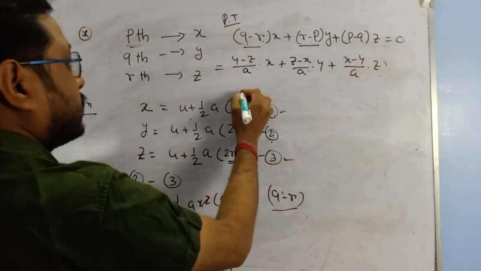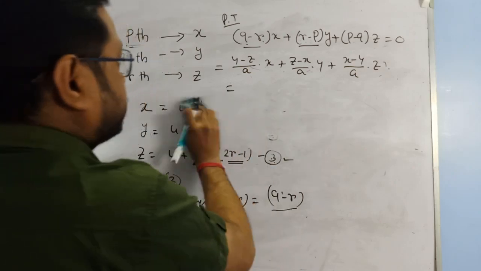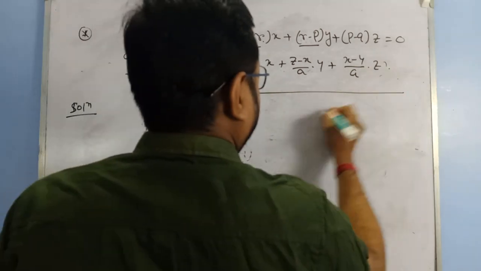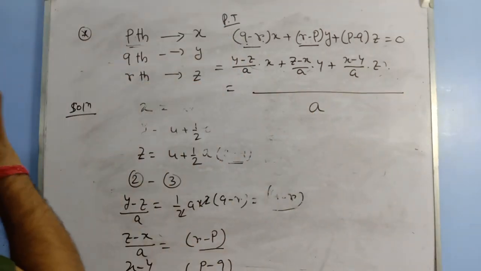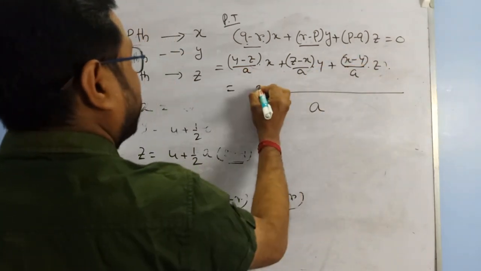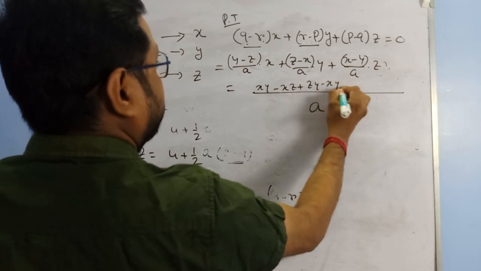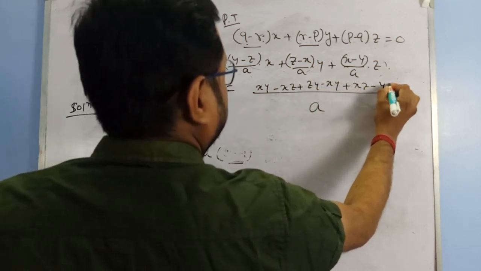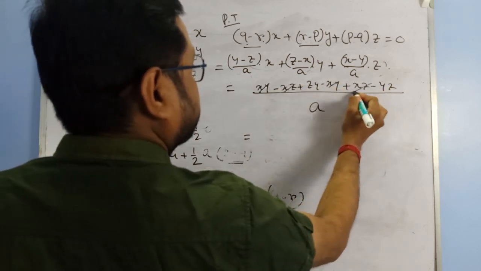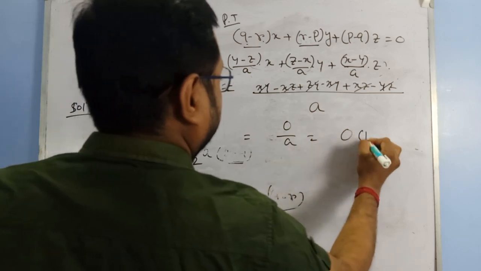So taking the total LCM as a, we can get xy minus xz plus zy minus xy plus xz minus yz. So xy cancels out, minus xz plus xz cancels out, plus zy minus zy cancels, 0 by a, that is 0. Proved.